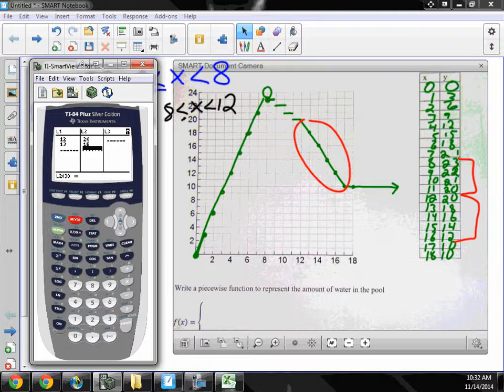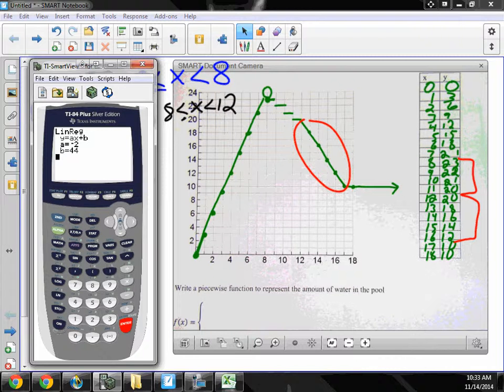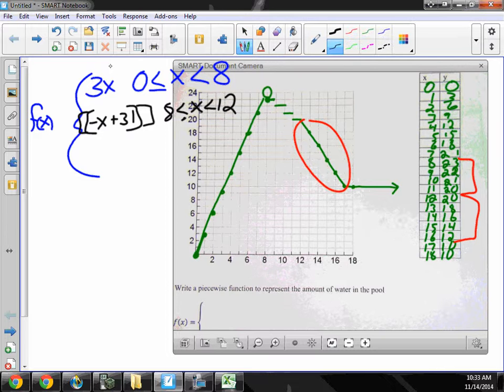And then I'm going to go back and do the linear regression. Anybody need help figuring that out? So the function for that piece is negative 2x plus 44.